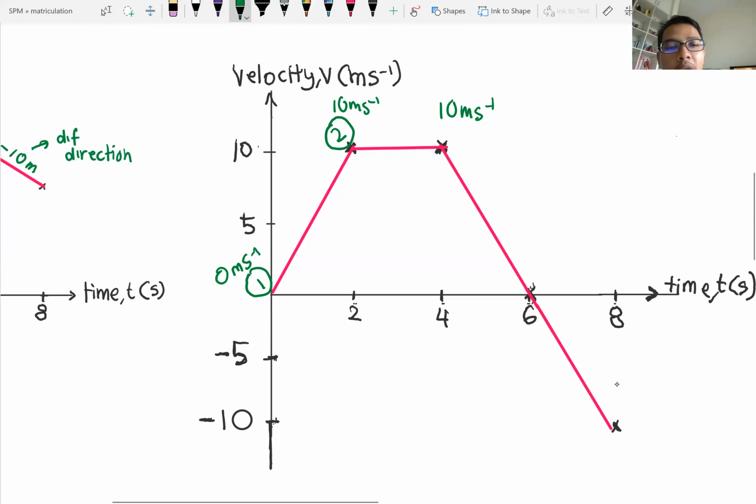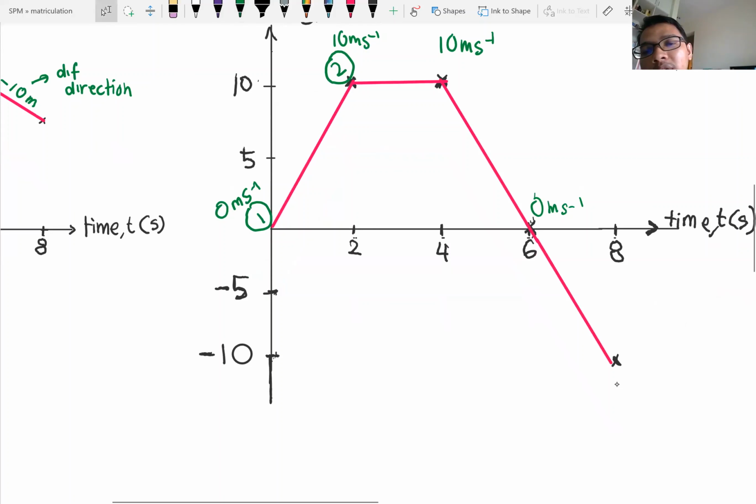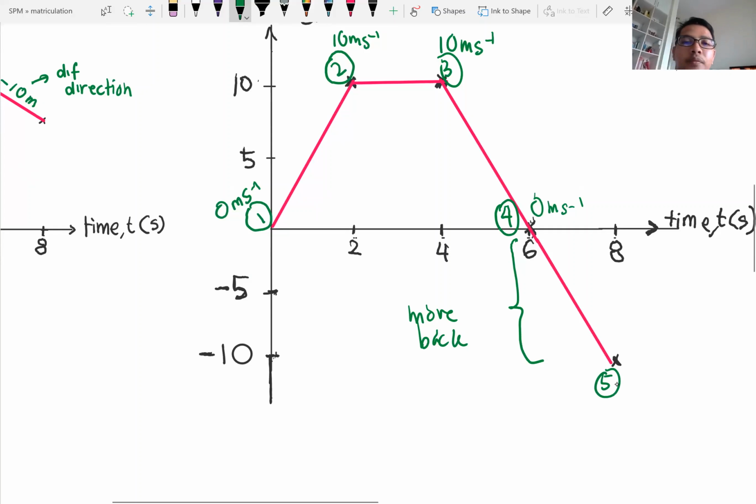Then it slows down back to 0. And the velocity is negative here, because this one moved back, from position 4 to position 5.